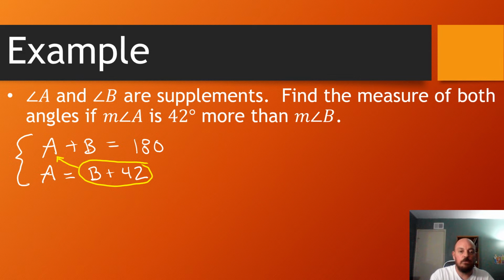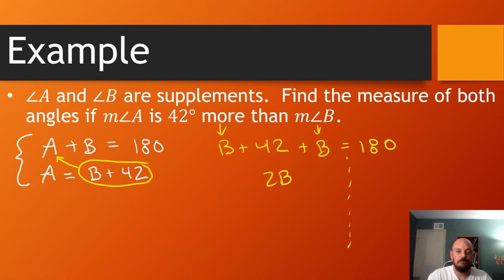So if I do that, what I have is B plus 42, that was the A, then I have plus B equals 180. Let's solve that for B. So right here I have B plus B, that would be 2B, that's like 1B plus 1B. And then I'll leave the plus 42 and I'll leave the equals 180.